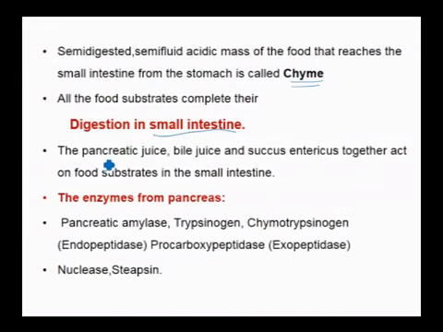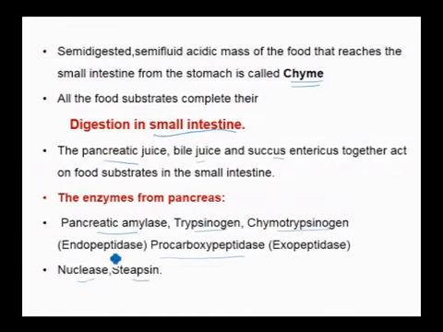Into the small intestine, the pancreas, liver and intestinal glands pour out their secretions. Together, pancreatic juice, bile juice as well as succus entericus reach the small intestine and complete the digestion there. The enzymes secreted along with the pancreatic juice are pancreatic amylase, trypsinogen, chymotrypsinogen, procarboxypeptidase, nuclease and steapsin.